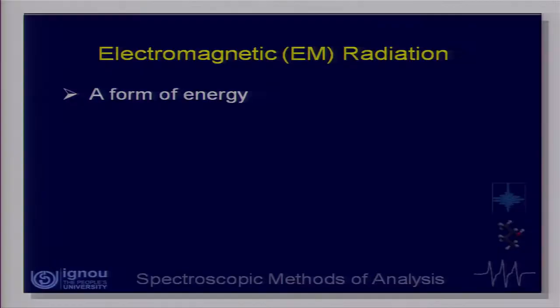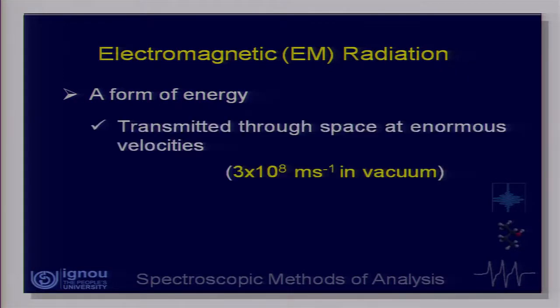Electromagnetic radiation essentially is a form of energy, transmitted through space at very enormous velocity. In vacuum this velocity is of the order of about 3 × 10⁸ meters per second, which is a fairly large velocity.